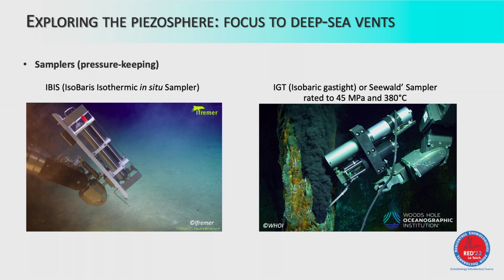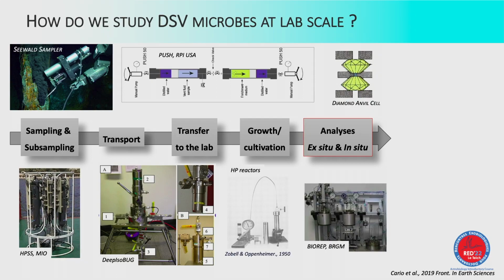So how does it work when you study a deep sea sample? First, you sample under high pressure conditions. Then you transport this sample still under high pressure. Then you transfer it to the lab with an equi-pressure transfer. And then we have different growth and cultivation techniques to reproduce the high pressure conditions in the lab.